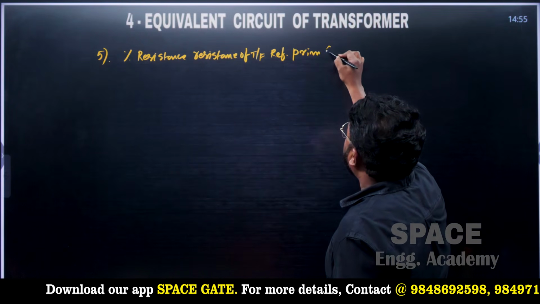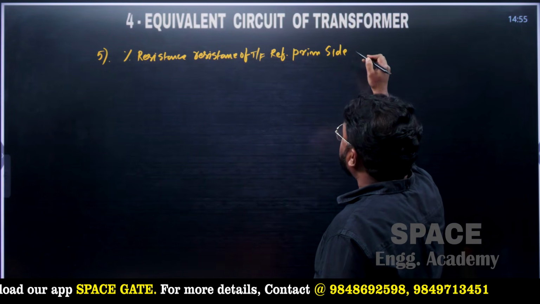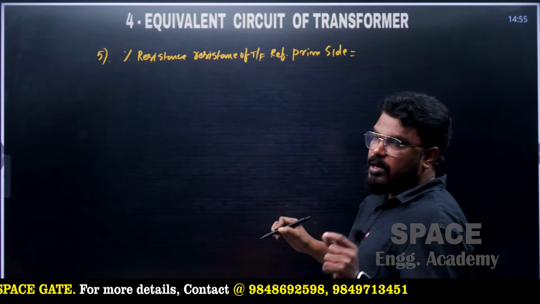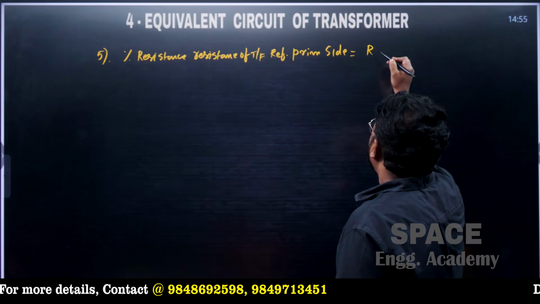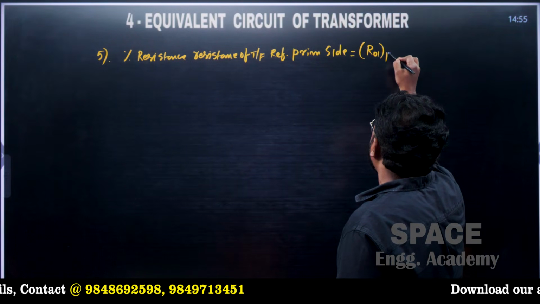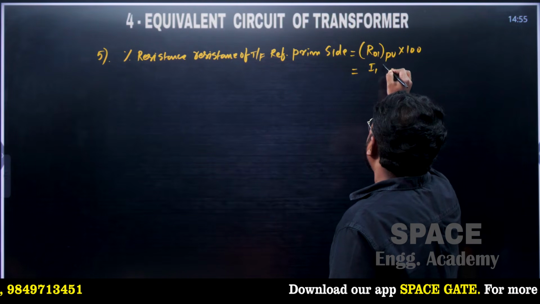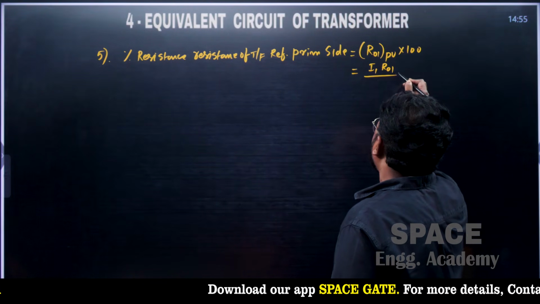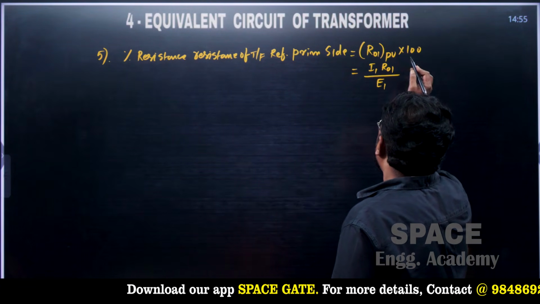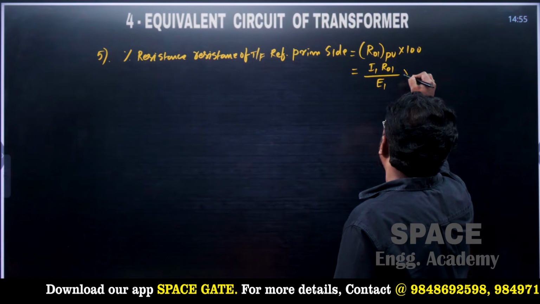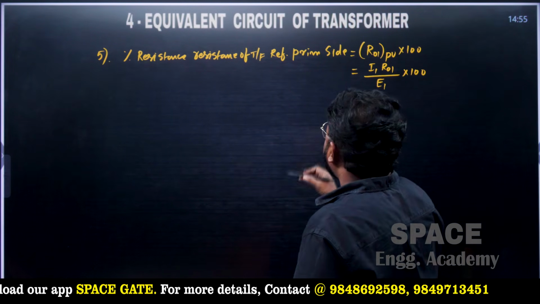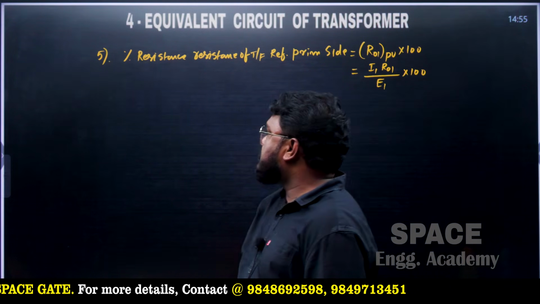And how do we get the percentage resistance value? Per unit value of resistance, R01 per unit value multiplied by 100. So therefore you can write I1 R01 in ohmic value divided by V1, multiplied by 100. So this is the percentage resistance of the transformer.